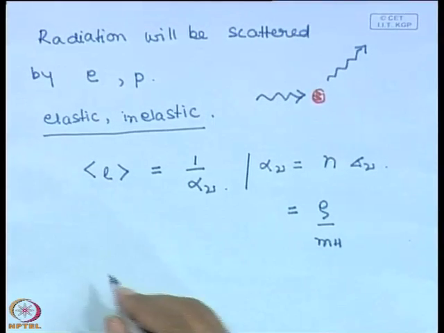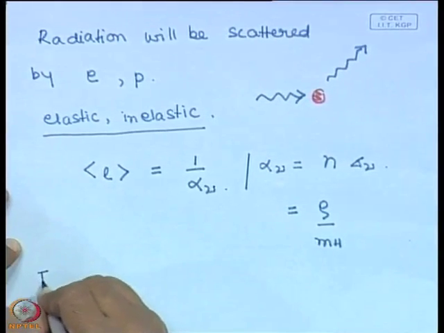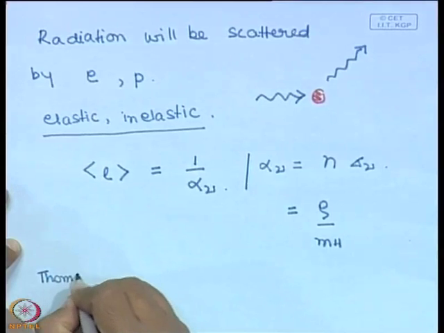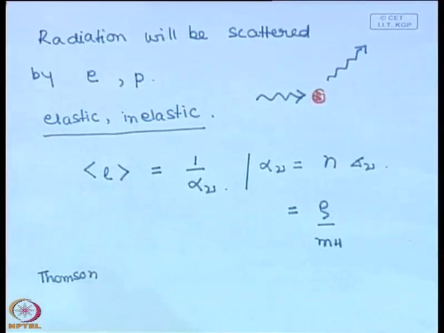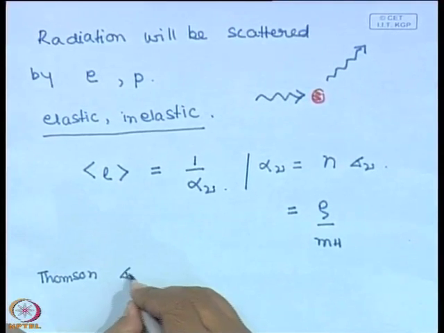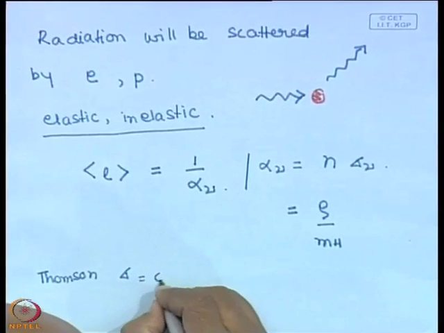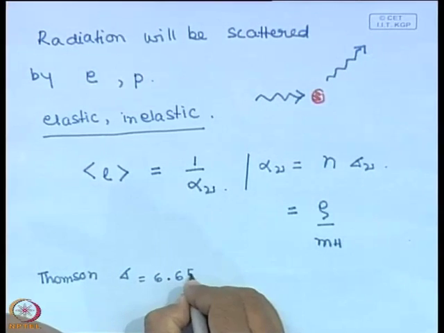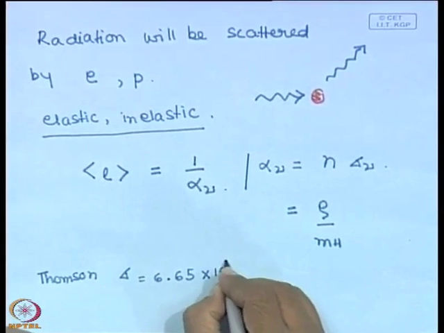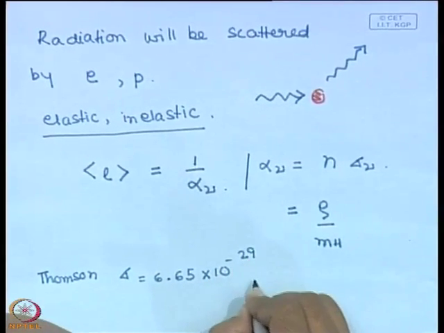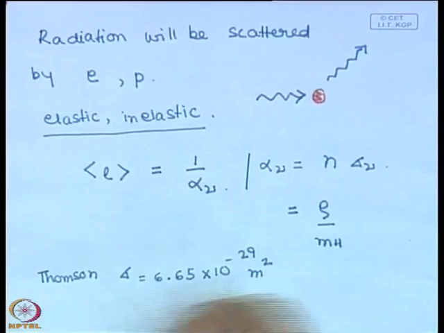It has a value sigma which is independent of frequency, and the value is 6.65 times 10 to the power minus 29 meter squared. We have already discussed this earlier. Okay, this is Thomson scattering.